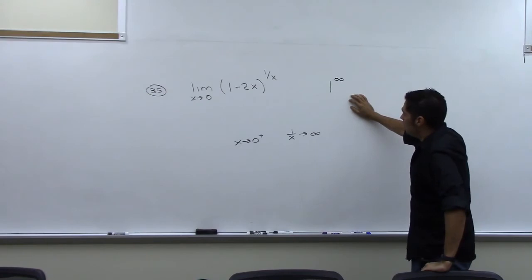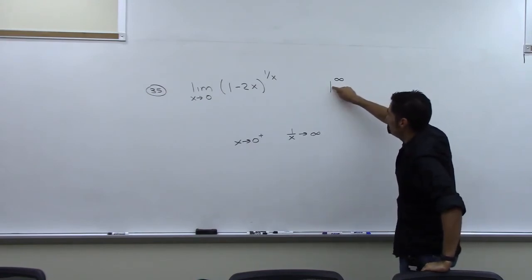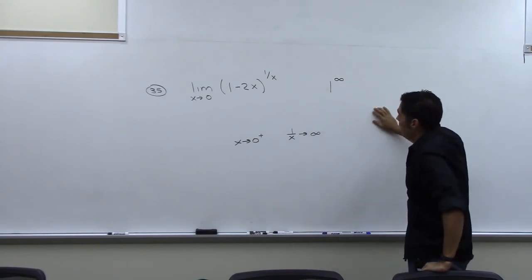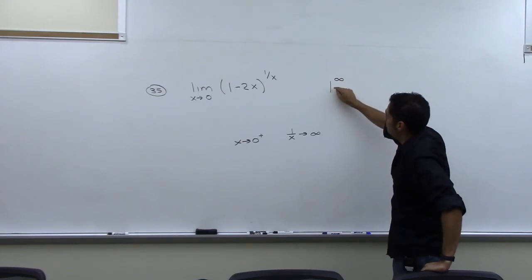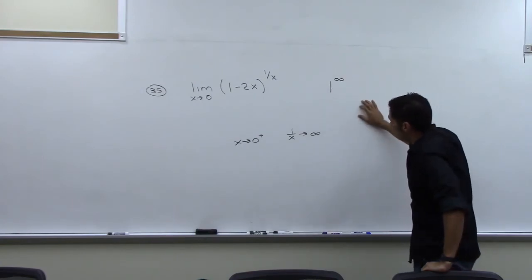And the reason it's indeterminate, remember from class, is that this is approaching 1. It's not 1, right? This is approaching 1. This is approaching infinity. And when you raise something to a big power, it wants to make it bigger. If this is bigger than 1, it makes it bigger. If it's smaller than 1, it makes it smaller.